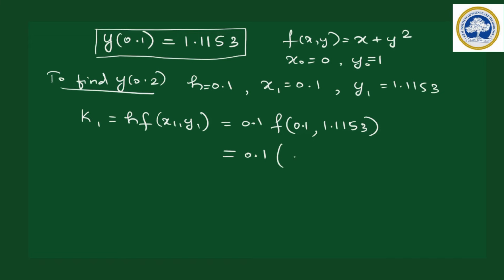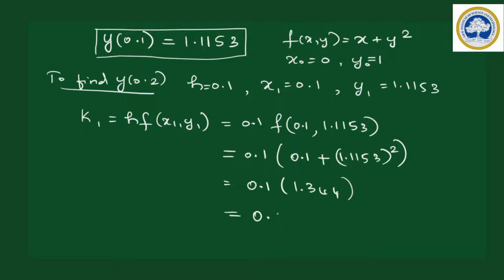So here x is 0.1 plus 1.1153 whole square. So this we have to calculate, and that value is 1.344. Now multiplying by 0.1, the answer is 0.1344. So this is the value of k1.